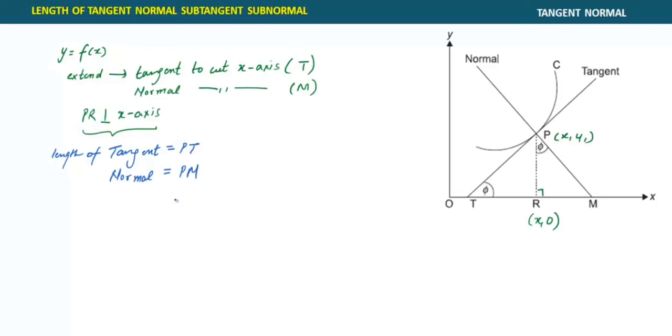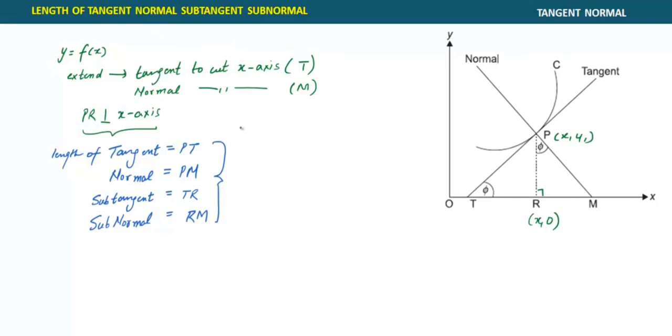So PM is known as the length of normal. The length of subtangent, which is something new to you, is nothing but this TR distance. Similarly, the length of subnormal will be RM distance. So these are the four terminologies you have to remember for this kind of concept.